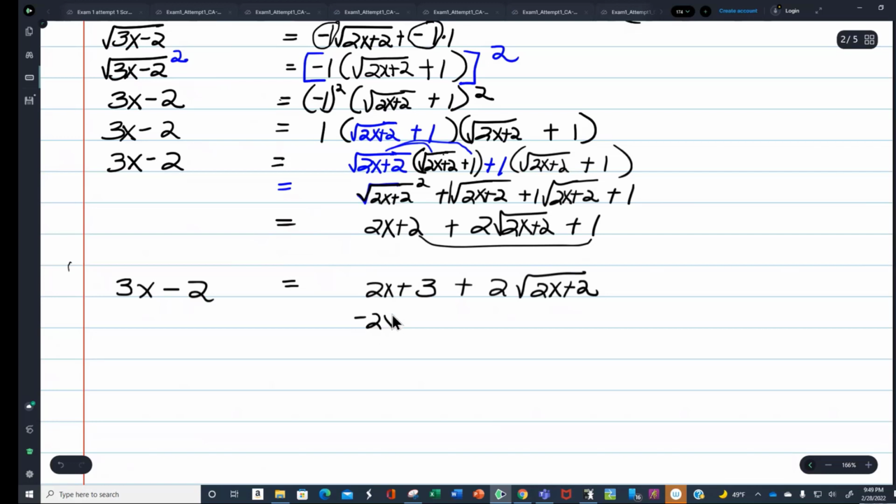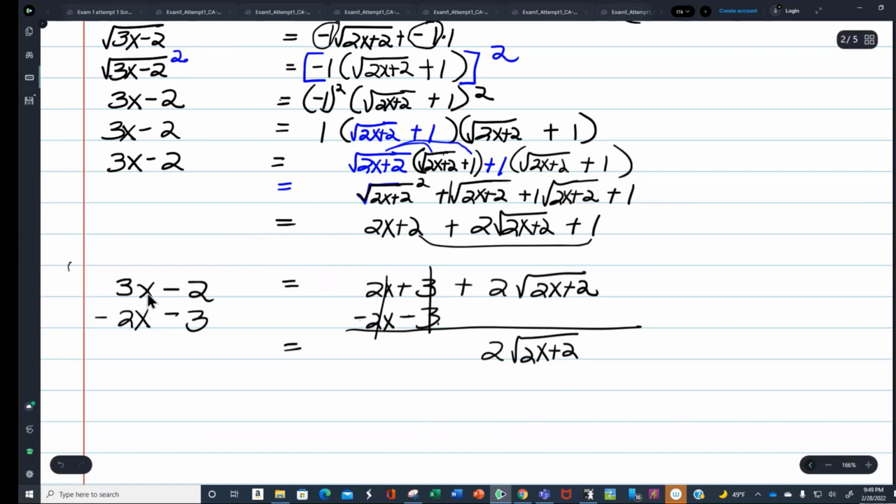Minus 2x, minus 2x, minus 3, minus 3. Over on the right, 2x minus 2x is 0, 3 minus 3 is 0, and I'm left with 2 times the square root of 2x plus 2.